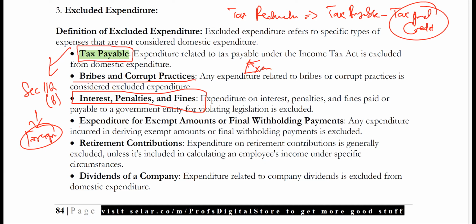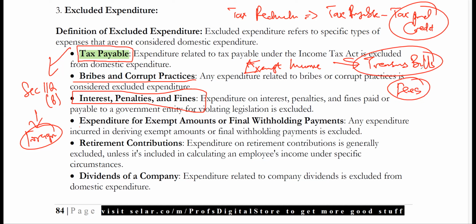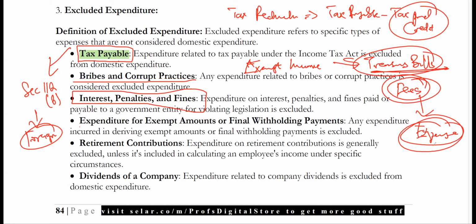Now, let's say that you incur an amount relating to income that is exempt from tax. Remember, income and expenses go together, right? So if you have exempt income, like interest from treasury bills, if you're an individual, it's exempt from tax, right? So let's say you incurred some fees for those treasury bills. So far as the treasury bill interest is exempt, then those fees too, you can't charge as an expense. True or false? Because the income is exempt, so why are you charging its corresponding expense to the financials?